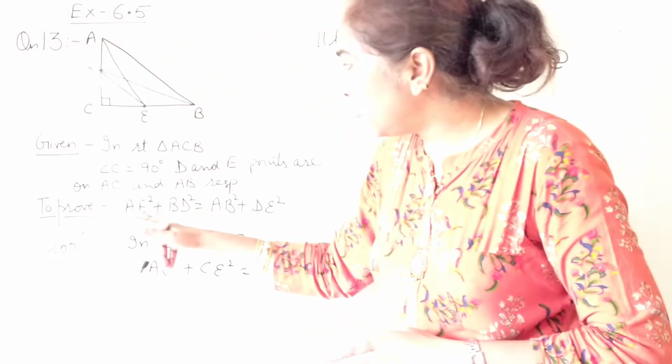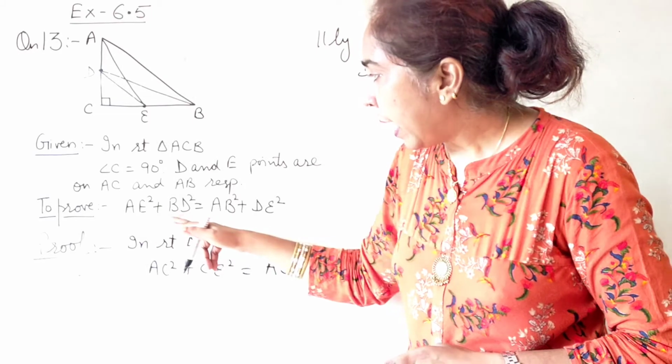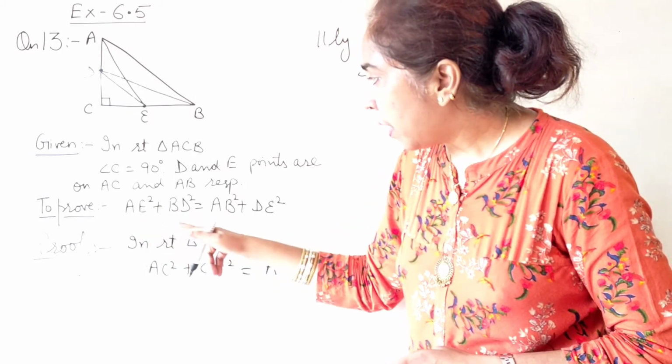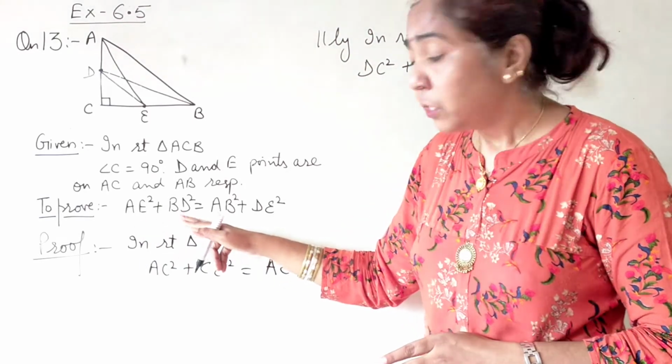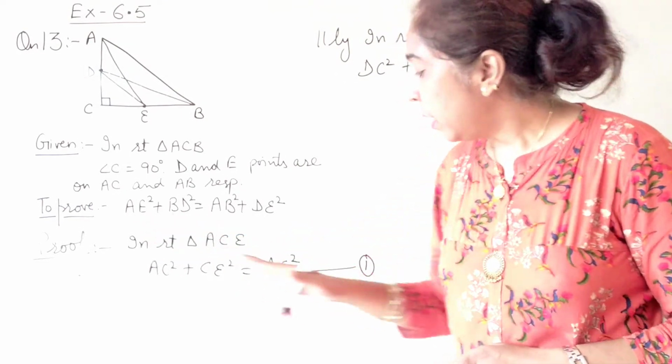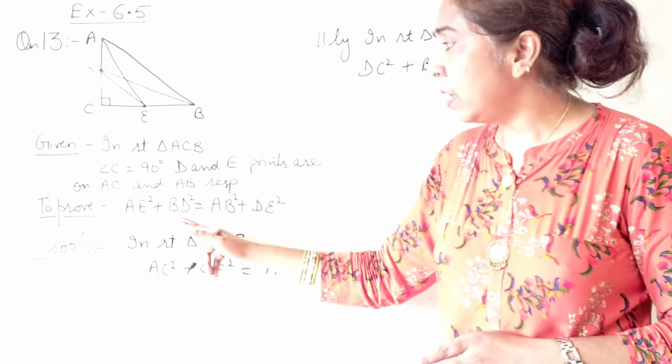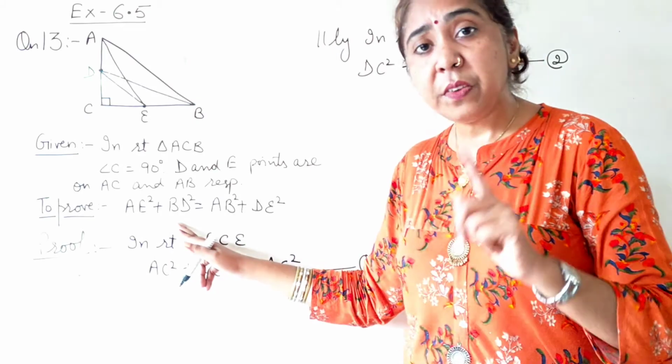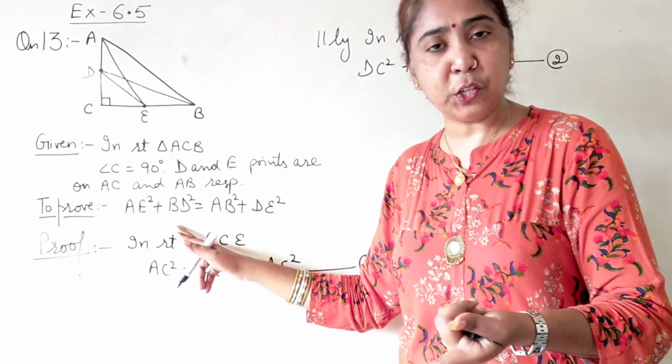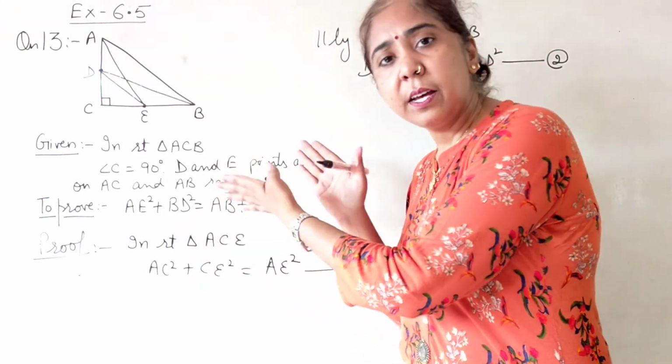Now, AE square and BD square are added over here, right? We have the value of AE square and the value of BD square. Now what do we have to do? We have to add these equations to get this result.